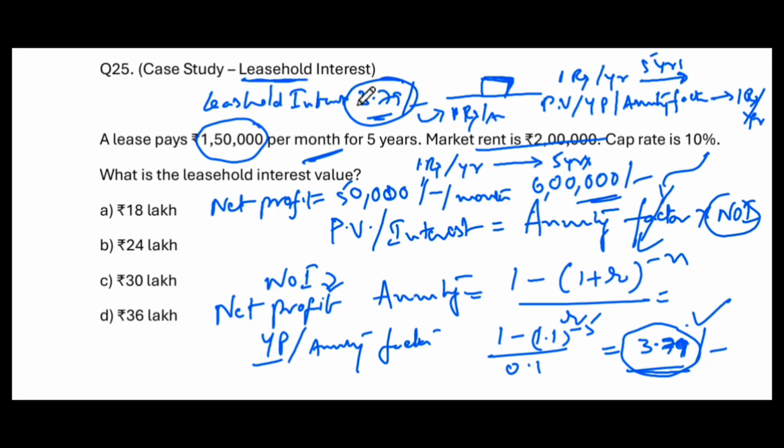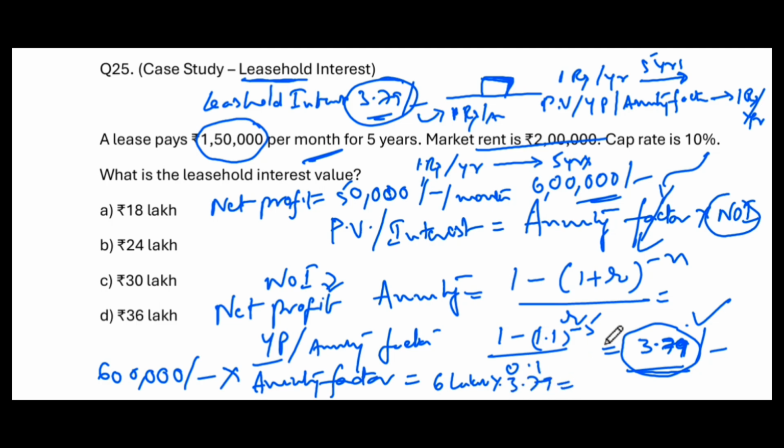So we multiply this 6 lakhs with the factor we got. Which factor? The annuity factor. We'll get the lessee's interest. So 6 lakhs into 3.79.